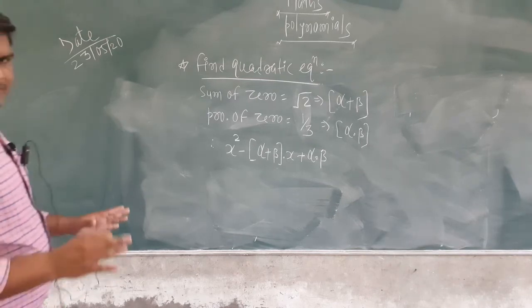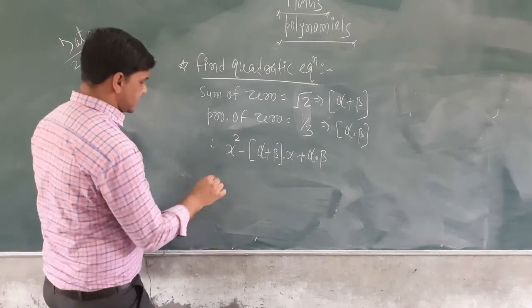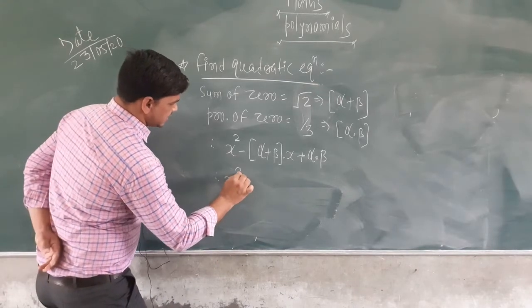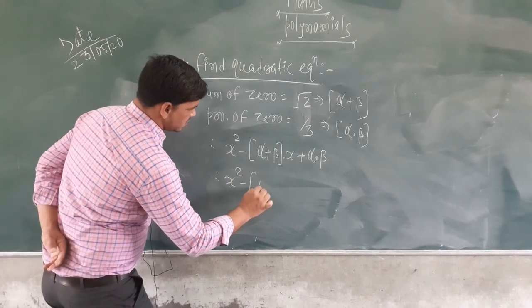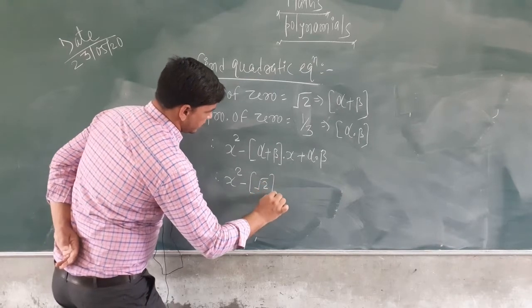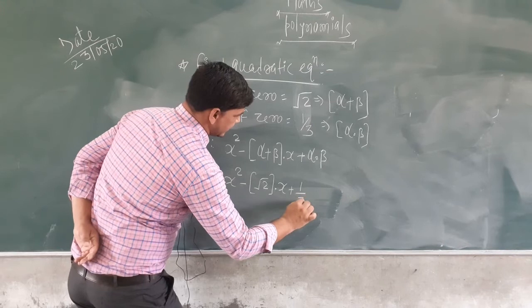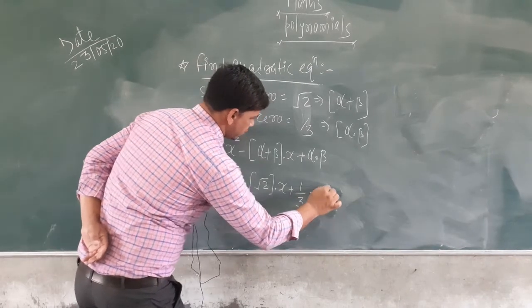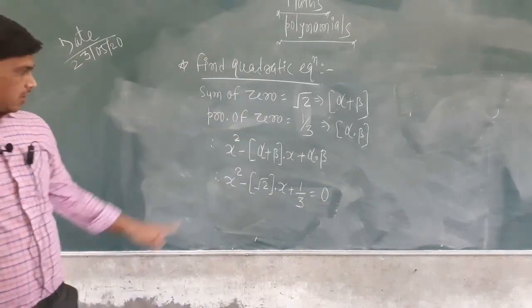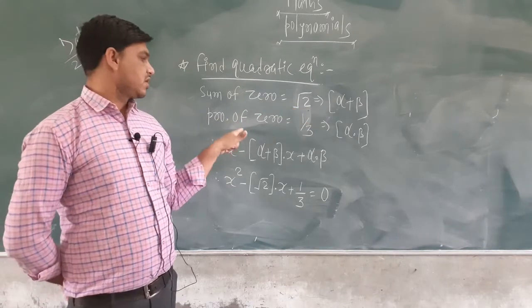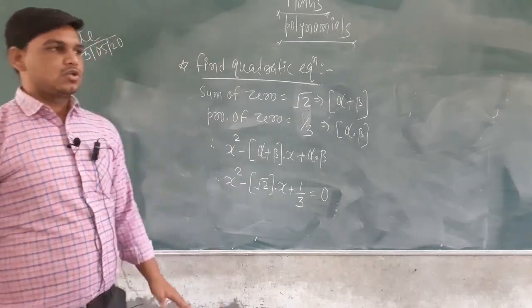So we will just apply the formula: x square minus root 2 into x plus 1 by 3 is equal to 0, right?